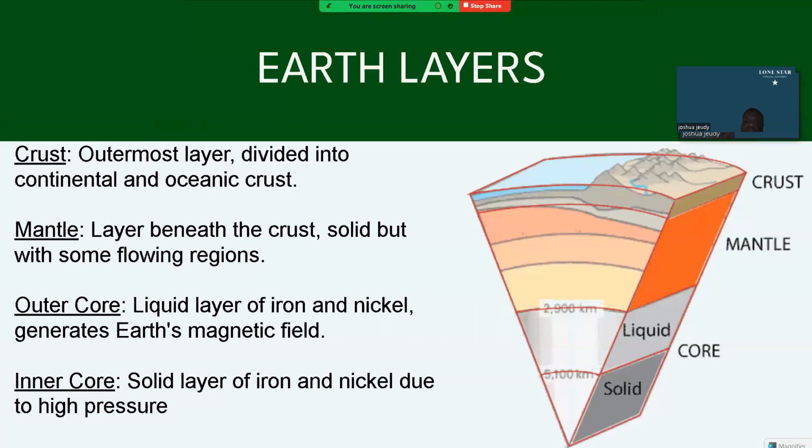Then we get into a lower level called the mantle. Now the mantle is that magma under the earth. If you've ever seen a volcano, it has that top layer of crust there. That is our crust.